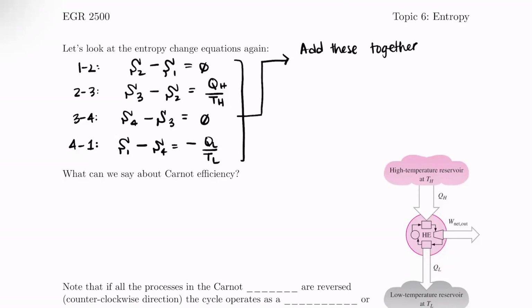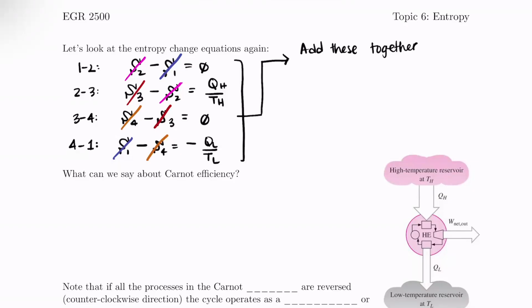All right, and so when we do that, we get a bunch of things to cancel out, right? So we have S2 minus S2, S1 minus S1, S3 minus S3, and S4 minus S4, right? So all those terms go away.